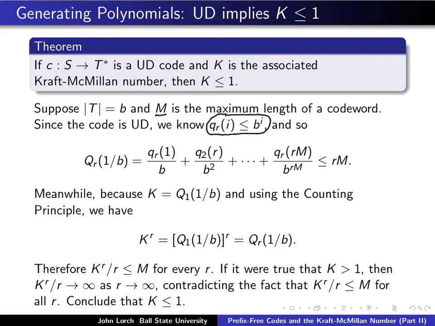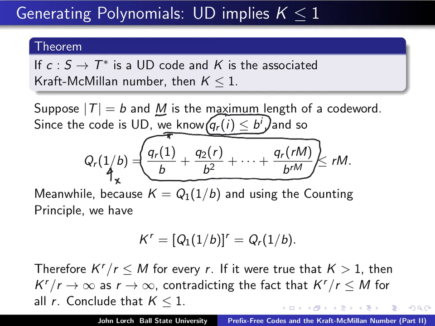We're going to take our capital Q sub r of x and evaluate it at x equaling 1 over b. When we do that, we obtain this expression right here, which terminates at q sub r of rm over b to the rm, because q sub r of rm is the largest coefficient in capital Q sub r.